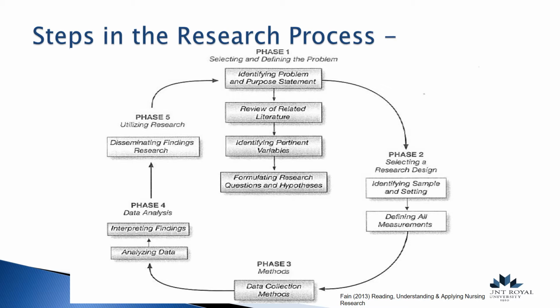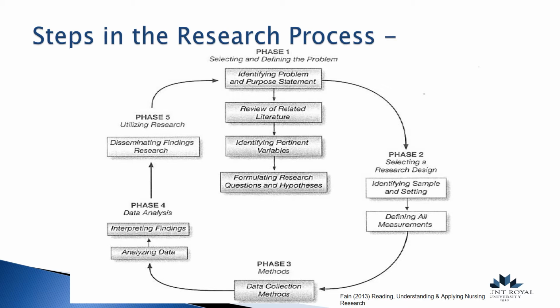So phase 1 is the selection and defining of the problem. So you're going to identify the problem that you want to be able to solve or explore. That problem may have come from a clinical problem, a clinical curiosity, a debate in clinical practice.